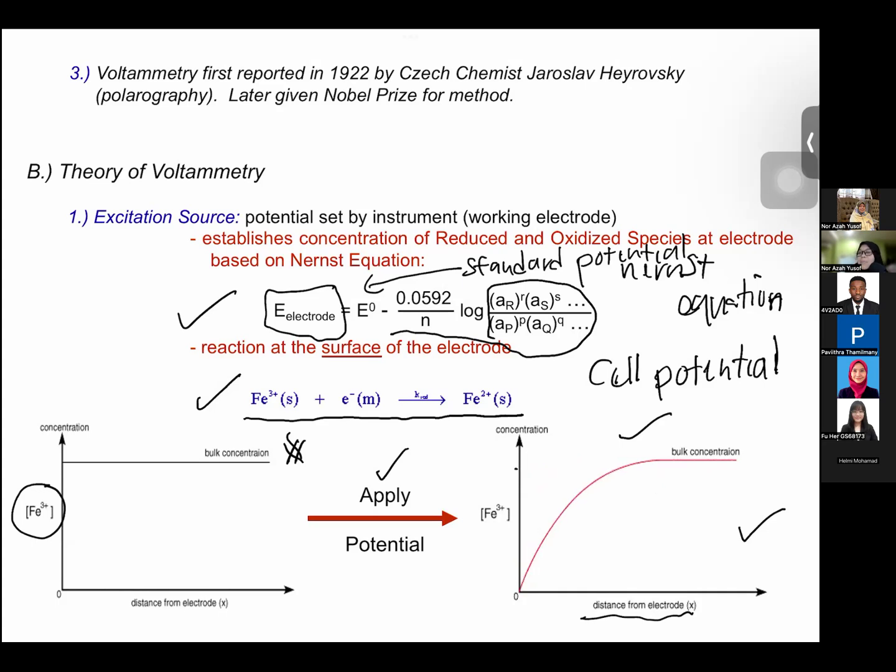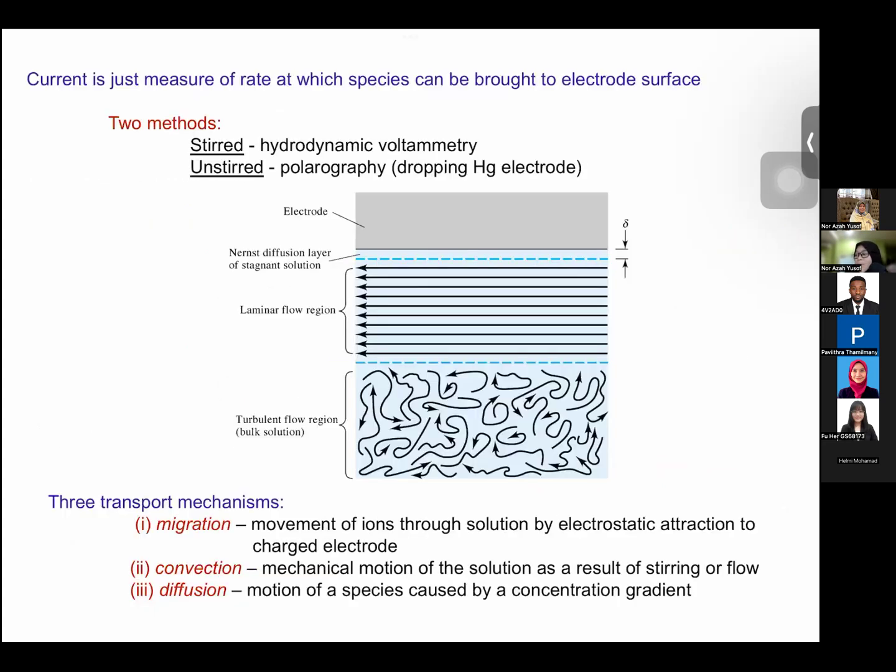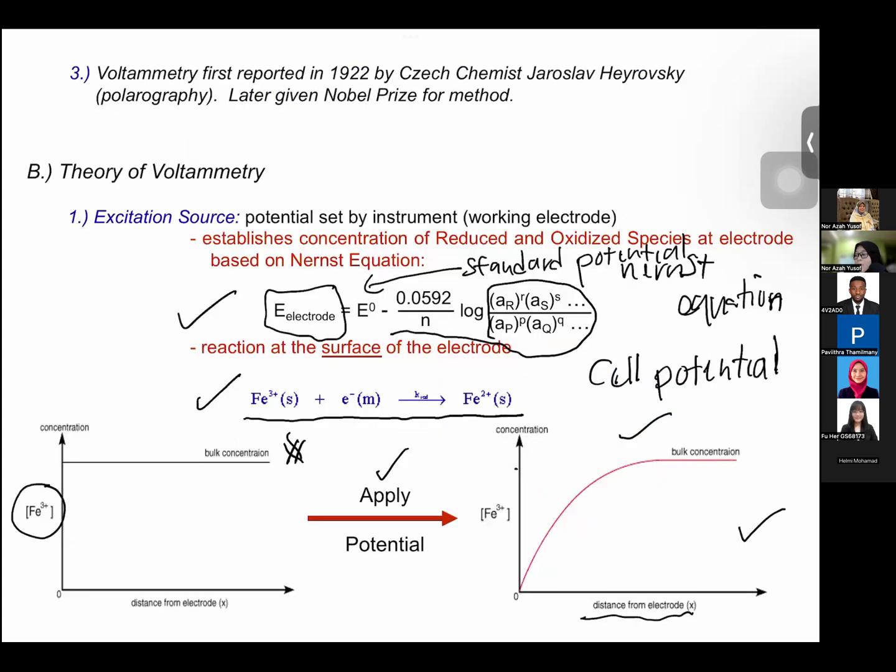Why? Because electrochemistry is very sensitive towards distance. So we are talking about the ions close to the electrode surface, which will be reduced. The ones that are far from the electrode surface will have difficulty being reduced.